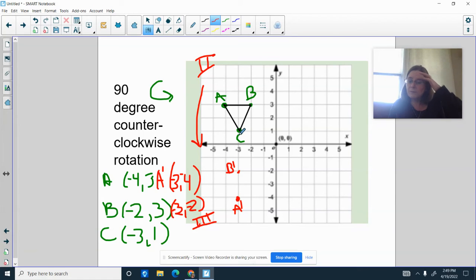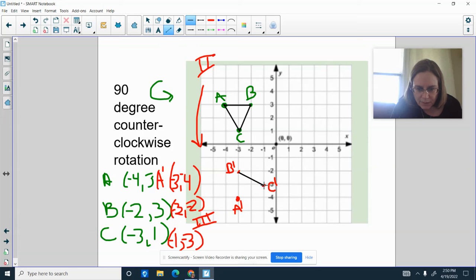Do the same thing with C. Flip-flop my numbers. Quadrant 3 has negative x's and negative y's. So it's (-1, -3). Go over to -1, down to -3. And that is my C prime. I find it easiest if I label as I go along.